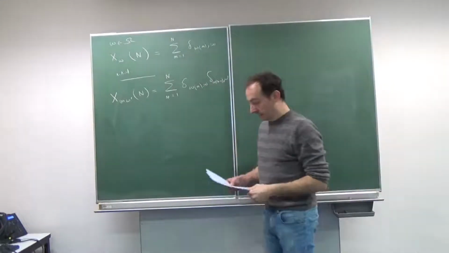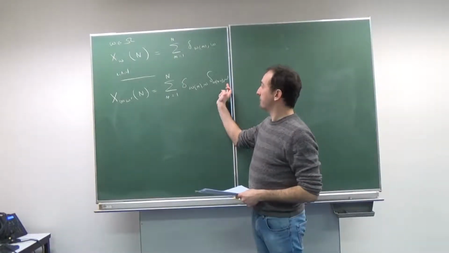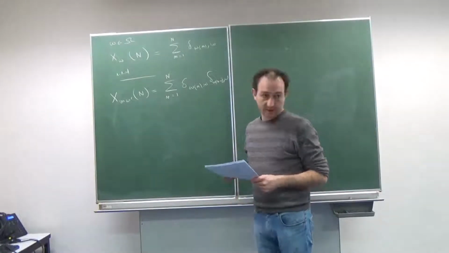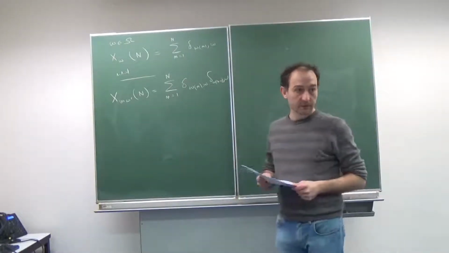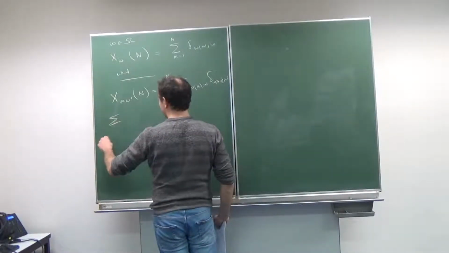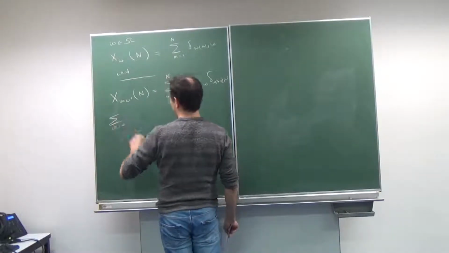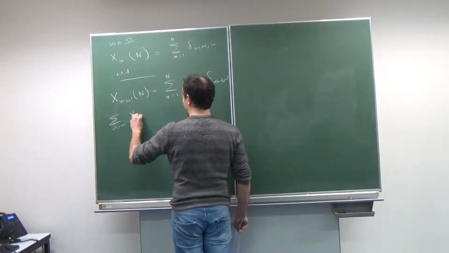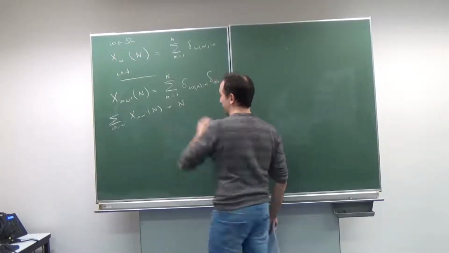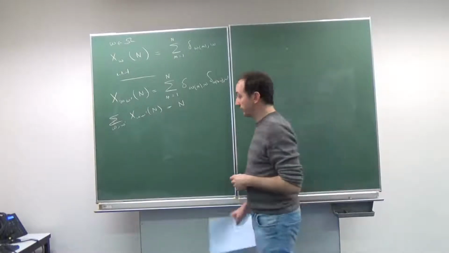So this is basically the number of times that the transition from omega prime to omega has been performed. And of course the sum over omega prime of x_{omega omega prime} is equal to n, which is the total number of jumps.